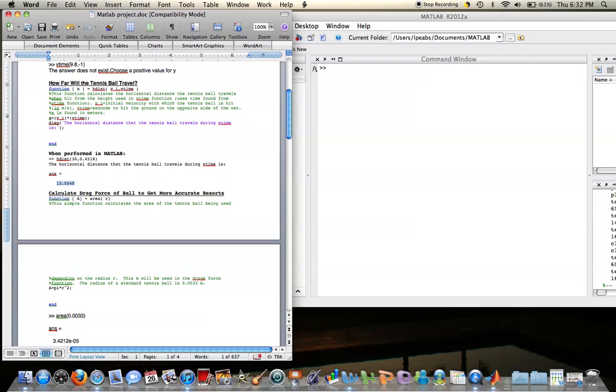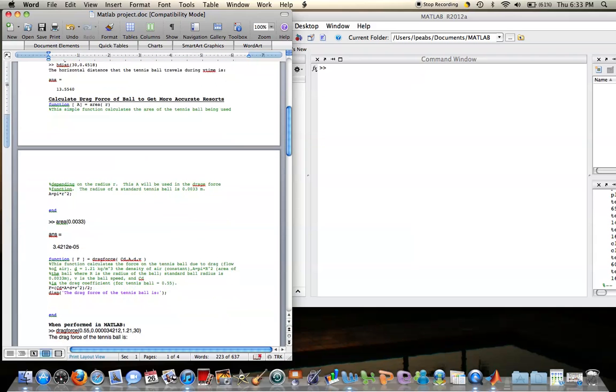So if you want to see how far you can hit the ball, or if there's a certain place where you want to hit it to, you could potentially use this function to determine how hard you need to hit it to make it go a certain distance.